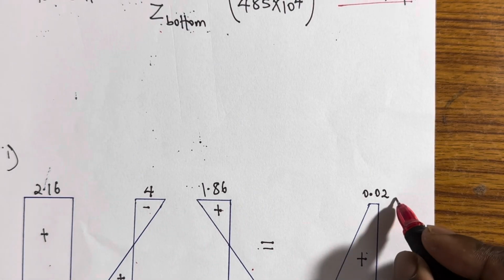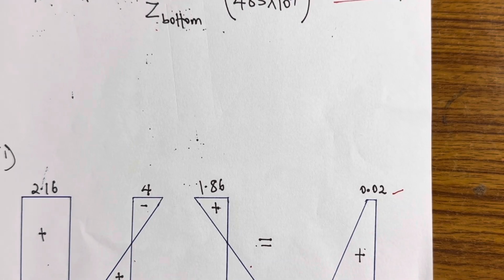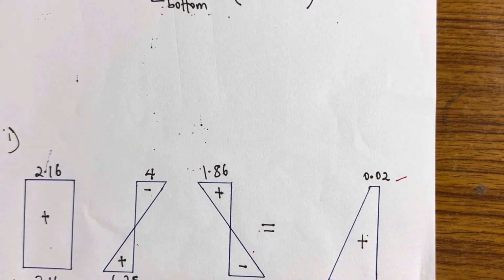You will come to 0.02. Then at the bottom, this is 2.16 plus 6.25, then minus 2.89. You'll find the resultant is 5.52.